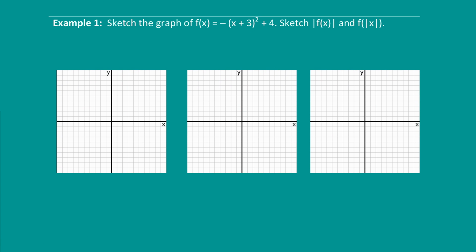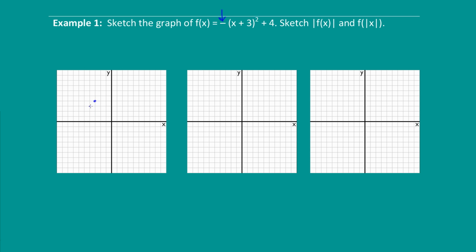So let's see how that applies to some of these graphs. Let's start with the graph they give us. Sketch the graph of f of x equals -(x + 3) squared plus 4. We know from our parent graph transformations that this is a parabola. It's going to be facing down because of this negative. It's going to shift its vertex to the left 3 and up 4.